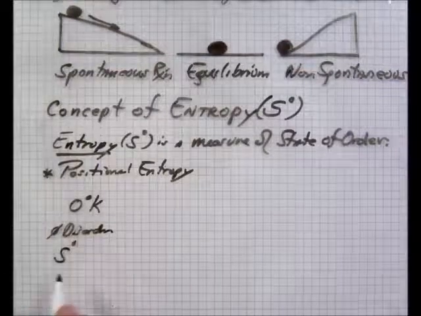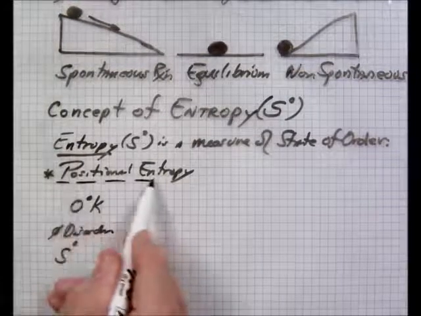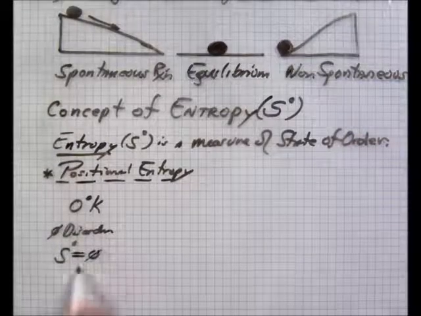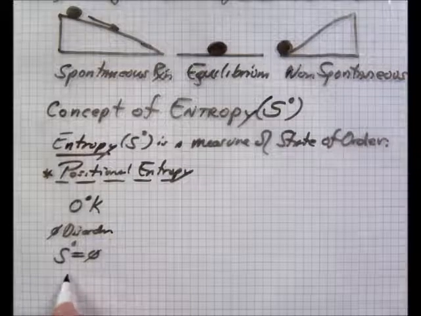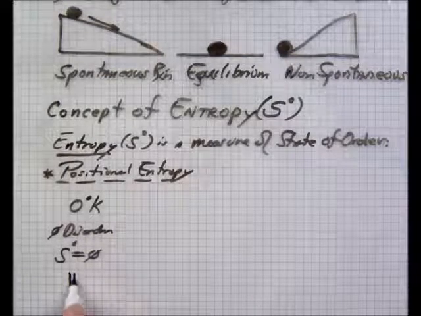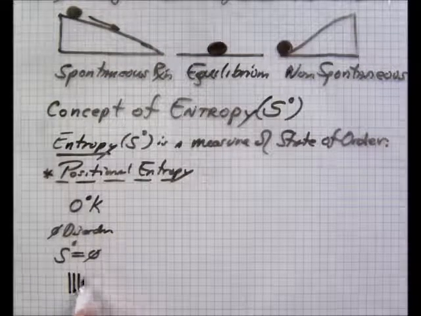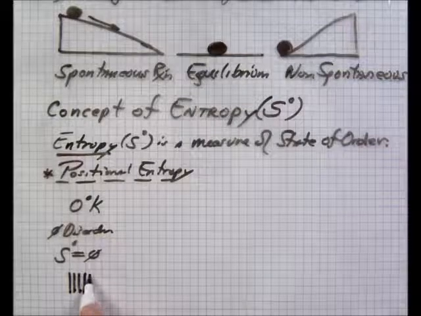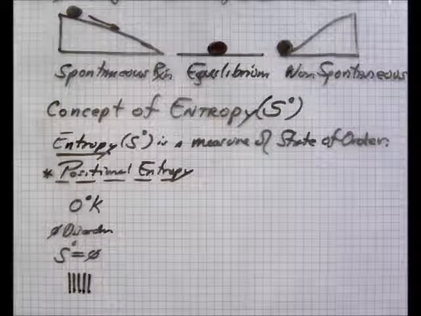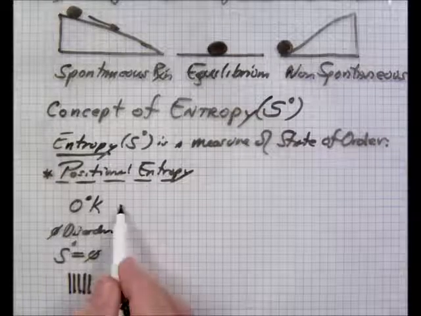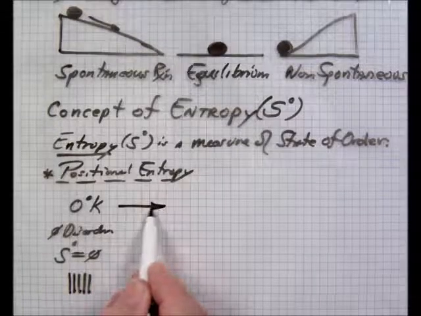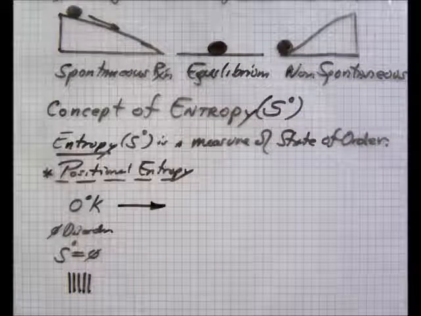Therefore, the positional entropy is, in fact, 0. There's no disorder there. So what I'm going to do is I'm going to place this as my image of disorder, order, whatever. Okay?